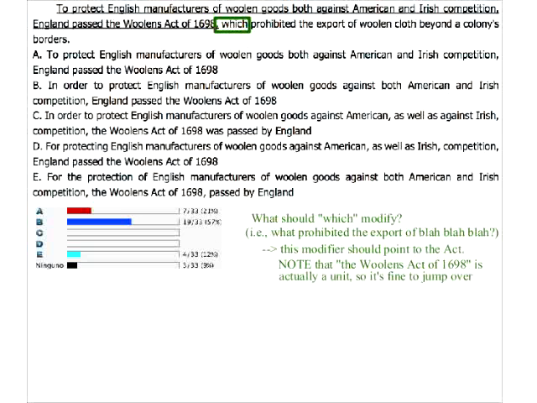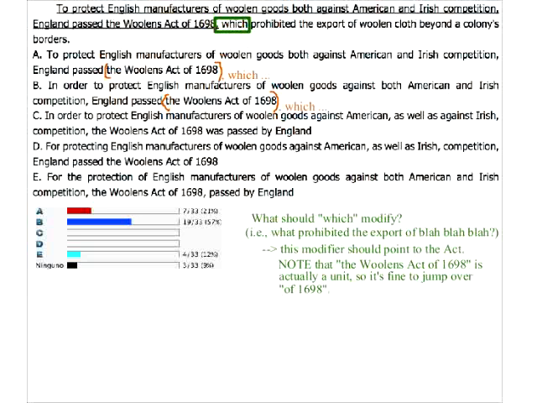It's kind of like a picture of my dog or the letters to Susan Huntington Dickinson. This is actually the Woolens Act of 1698. That's a thing. The Woolens Act of that year is a thing. So the "which" can feel free to modify that.